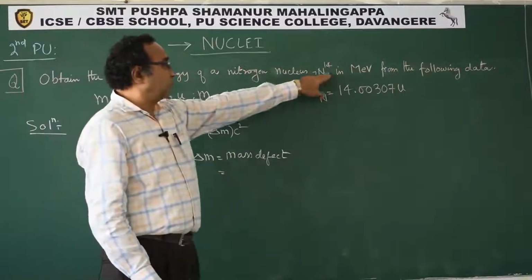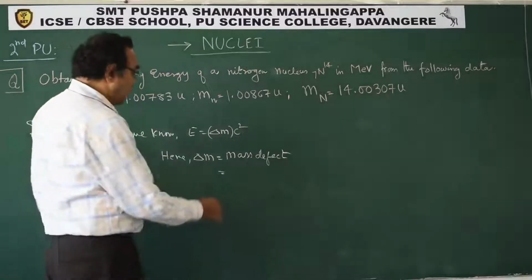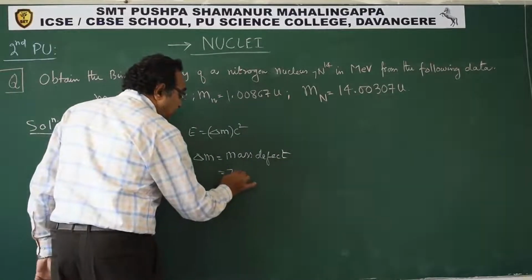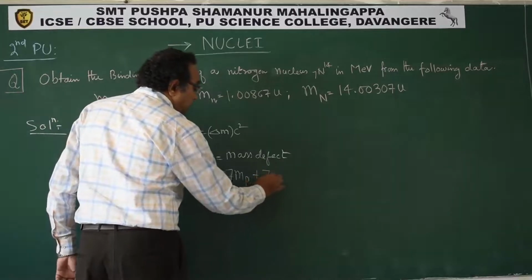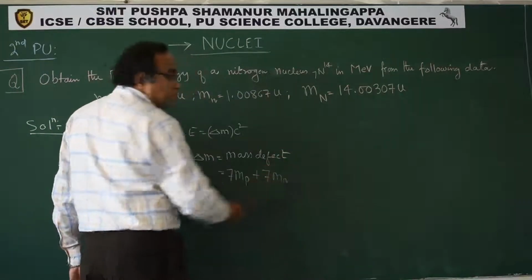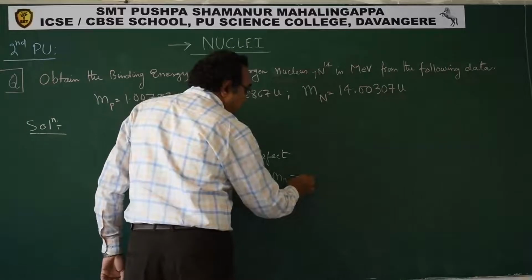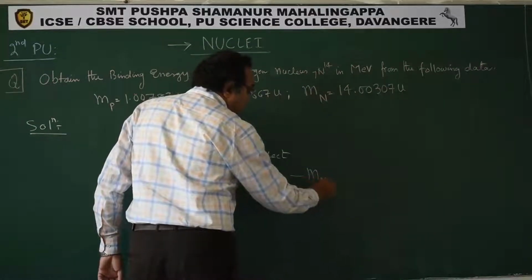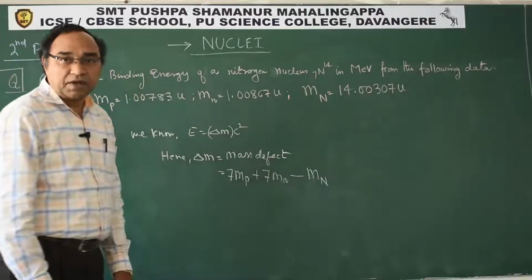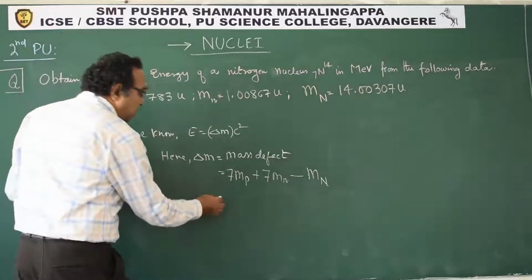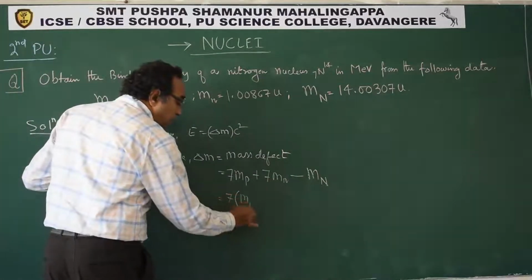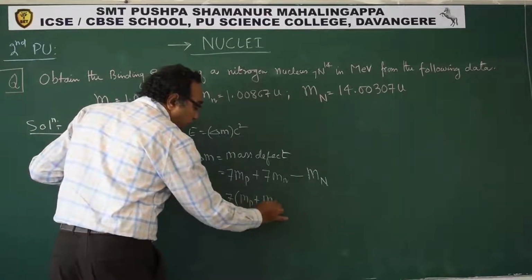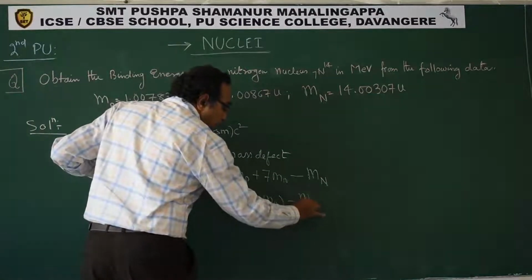In 7 and 14, how many protons are there? 7. 7 times mass of proton plus 7 times mass of neutron minus mass of nucleus. This is what is mass defect. So we can say this is 7 times mass of proton plus mass of neutron minus the mass of nucleus.